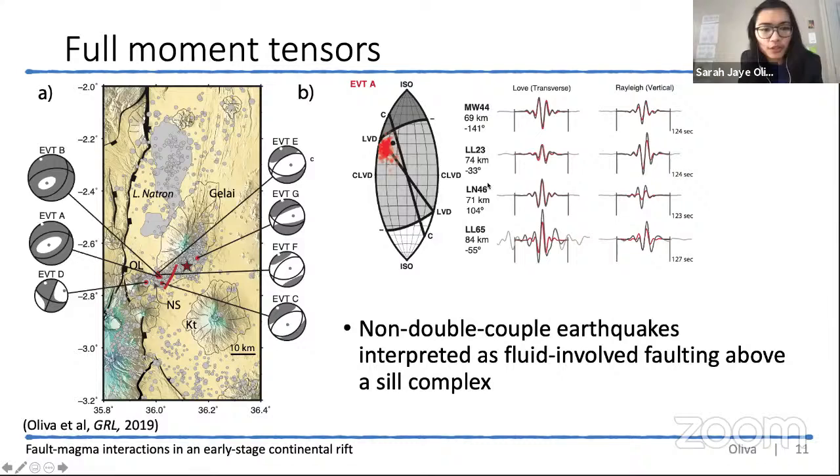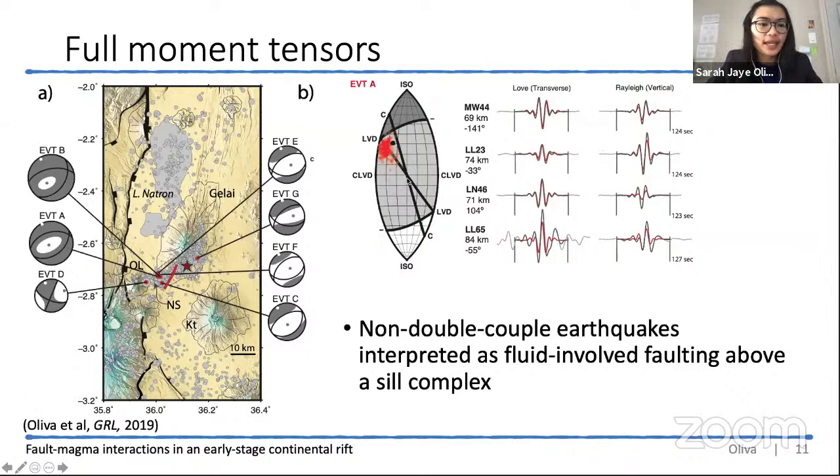And then on the left and on the right, along the x-axis, would be the compensated linear vector dipole. So that's no volume change, just compensated in the orthogonal direction. And then DC, double couple, would plot on the source type plot at the center.